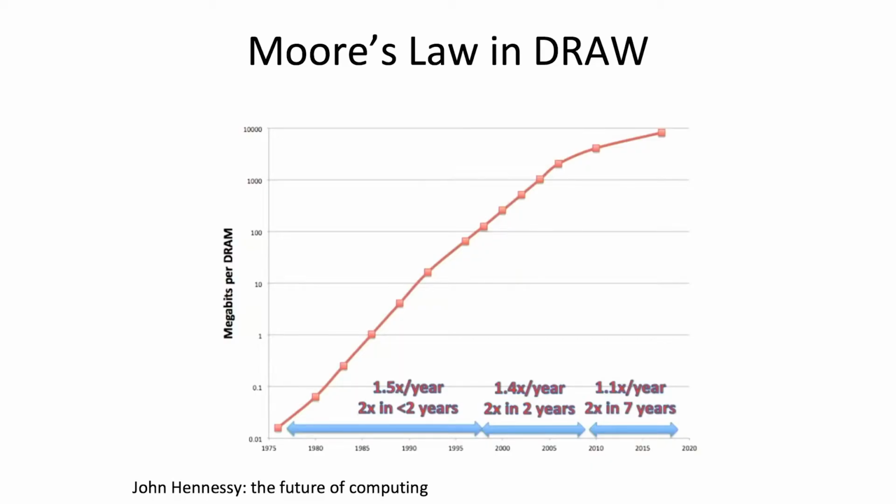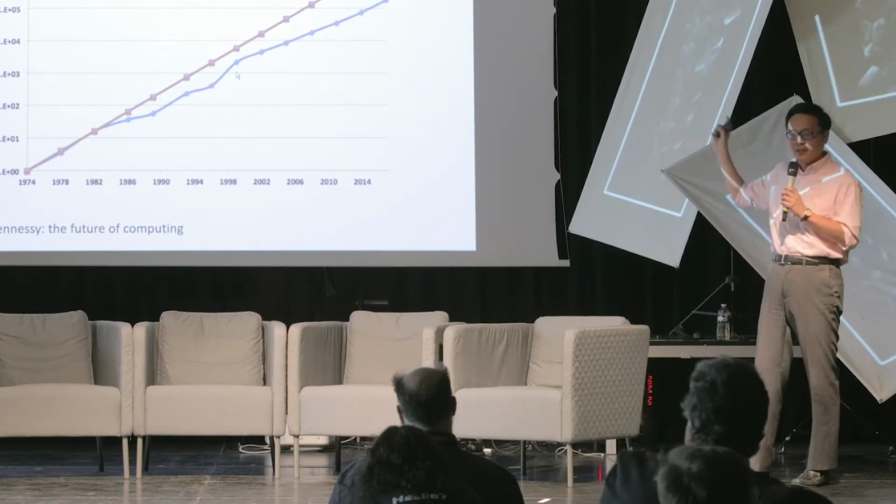Okay, and it's very interesting that we're observing the end or the death, according to some people, of Moore's law. Here, I'm showing 2 curves. The right curve is what Moore's law projected, the number of transistors we should have had on a chip. And the blue curve is actually the number we have on chips today.